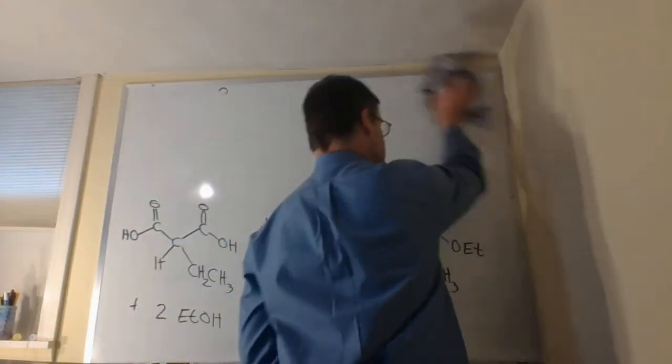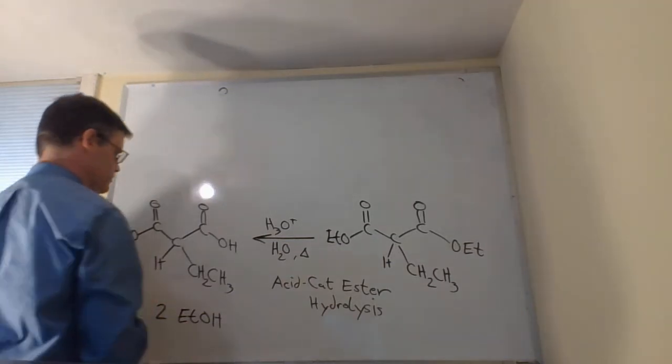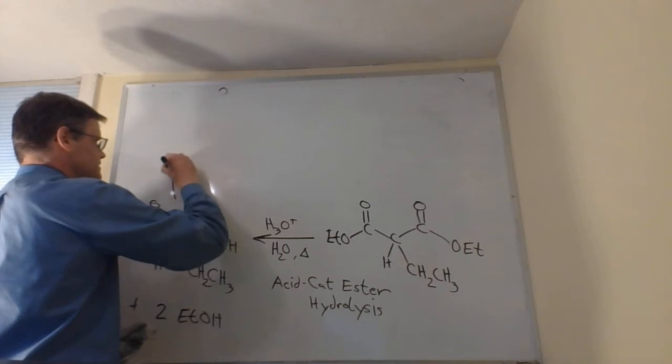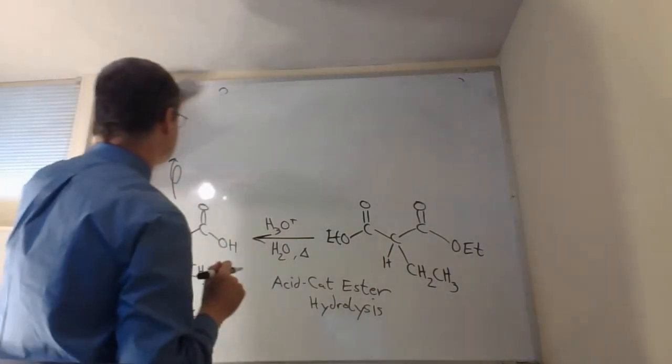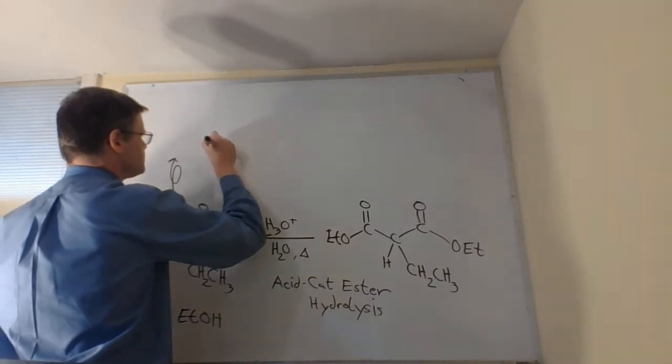So let me erase some of this. I'm going to rotate this carbon-carbon bond, and I'm going to signify that with this squiggly line here. And try to make sure I have some room here to do this.